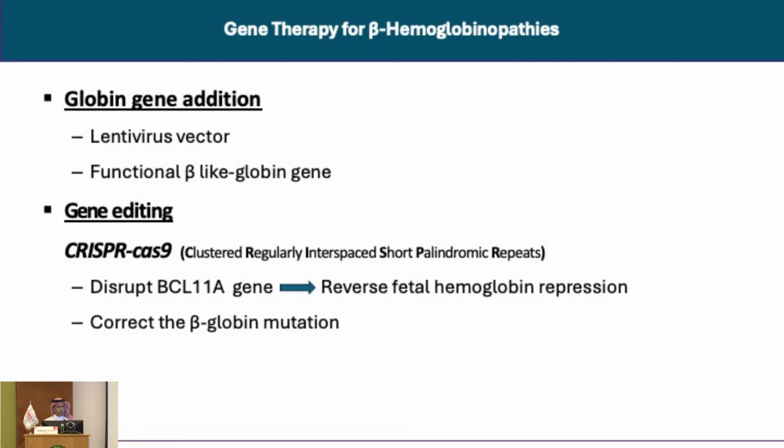And gene editing is through using the CRISPR-Cas technology, and basically this is like a molecular scissor where you can act and manipulate the gene that you want, and for practical purposes to disrupt the BCL11A gene, that is used in both gene addition and editing to reverse the fetal hemoglobin repression. Alternatively, you can even correct the beta globin mutation.